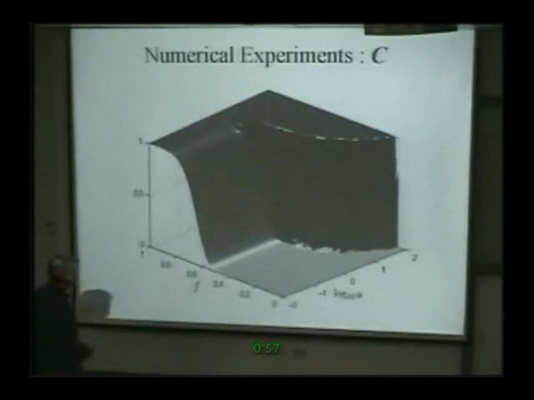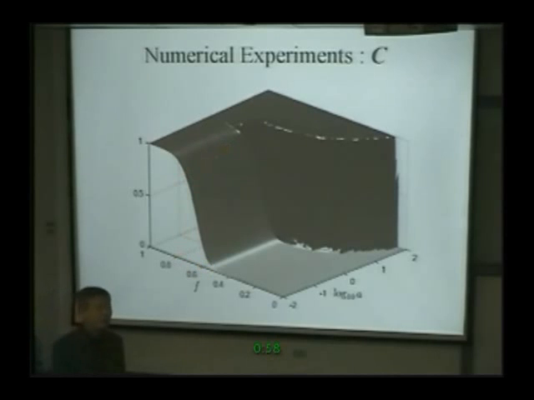So what you see is that if the low frequency amplitude is low and the frequency separation is high, we can always separate the two components. But if the frequencies become so close, near 0.6 or 0.7 or 0.8, by the time it's 0.8 there's absolutely no way that they can be separated.